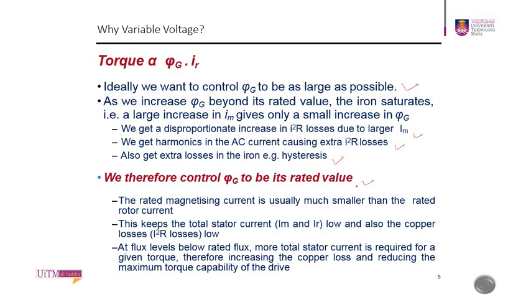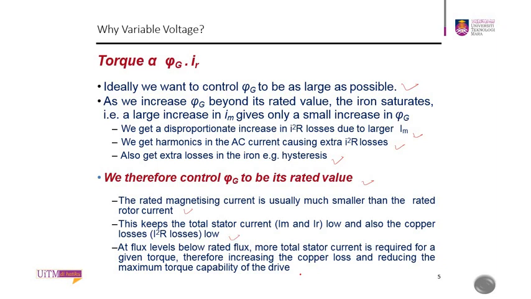The rated magnetizing current is usually much smaller than the rated rotor current, and this keeps the total stator current low, and also the copper losses, the I squared R losses, low.